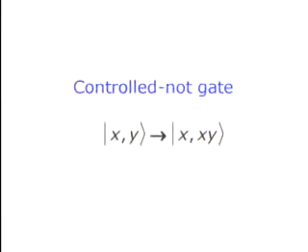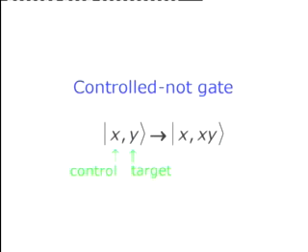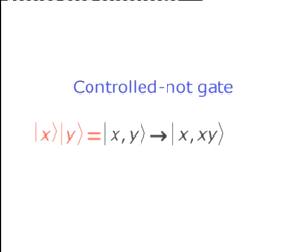Now, here's the definition of the controlled NOT gate in the Schrödinger picture. Look how simple it is. It evolves a system of 2 qubits in the eigenstate x, y of the observables Z2 and Z1 into the state x, x⊕y. The ket x, y is just another way of writing the tensor product ket x, ket y.